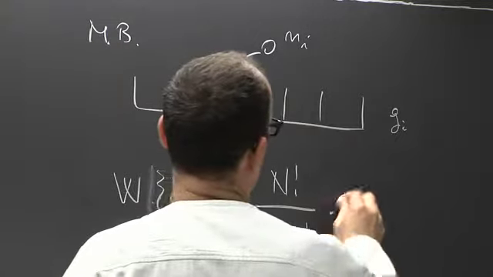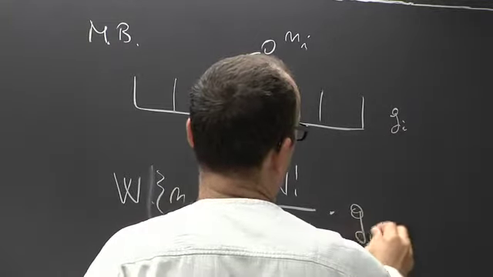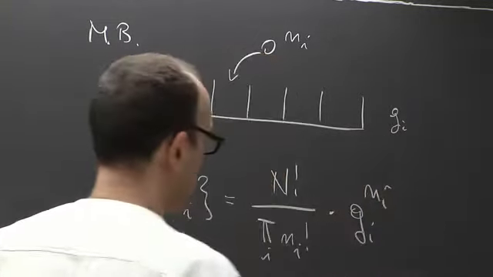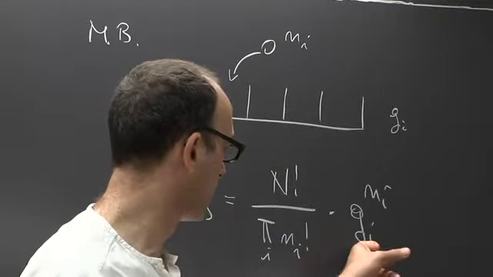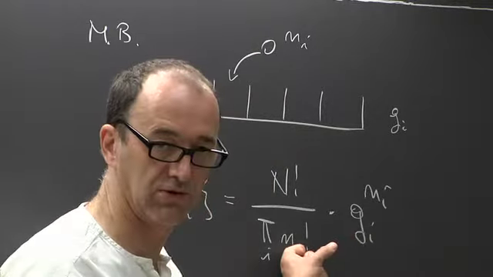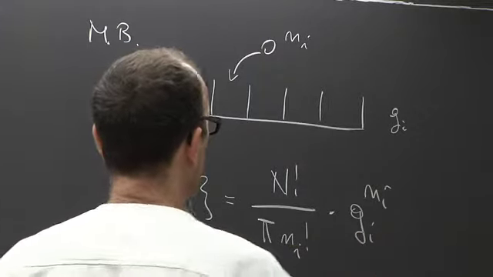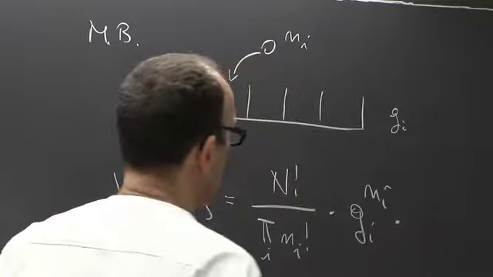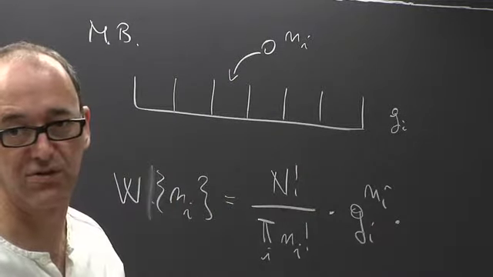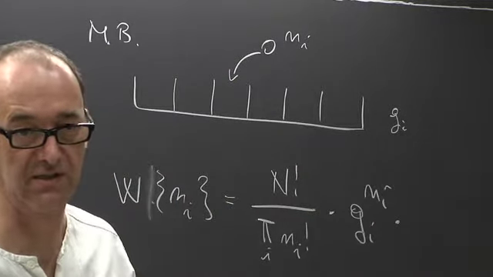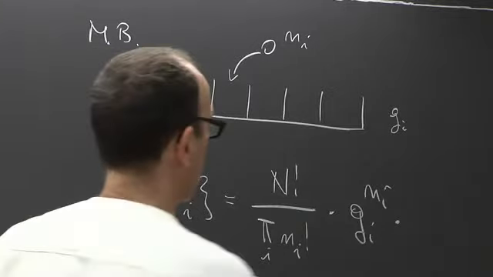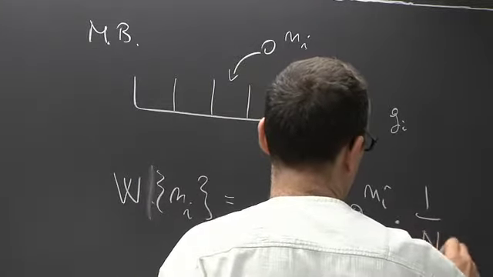Then I will have this factor gi to the ni, which is the number of ways in which I can distribute small ni particles in gi energy levels. And then since I know that this is wrong because it gives the Gibbs paradox, I will put 1 over n factorial.